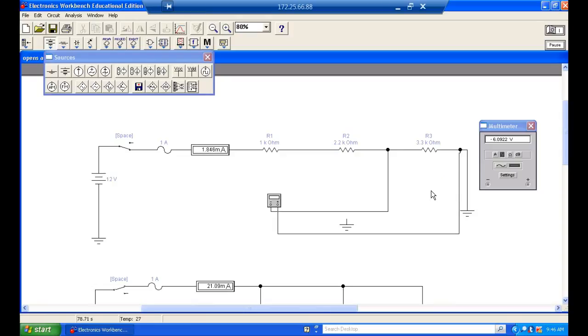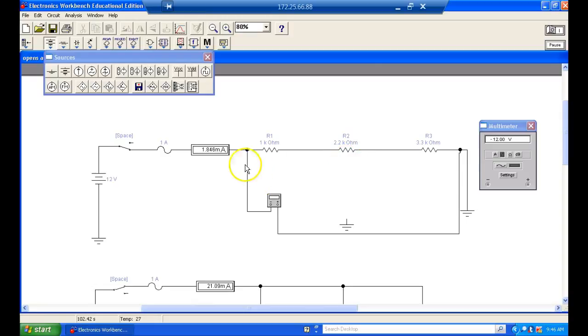So the biggest resistor drops the biggest voltage in the series circuit. And if I put it across all the resistors in the series circuit, it's going to drop all the voltage, because all the voltage has to be dropped within the electrical circuit. So now my meter measures 12 volts again, right?